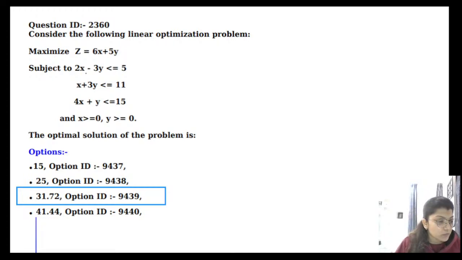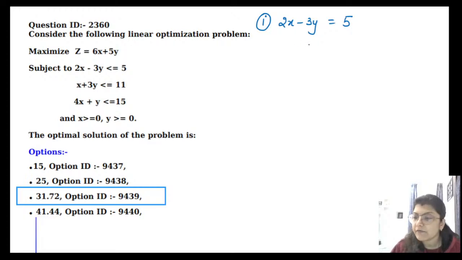So first let's take 2x minus 3y. ठीक है, so first condition is 2x minus 3y is less than equal to 5. So I'll take simply 5. So what are the coordinates you're getting for 2x minus 3y equal to 5? The coordinates you will be getting are 2.5 comma 0, and next one will be if I substitute x as 0.